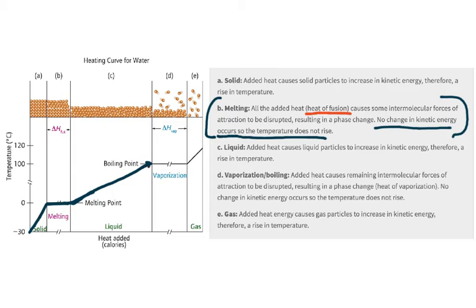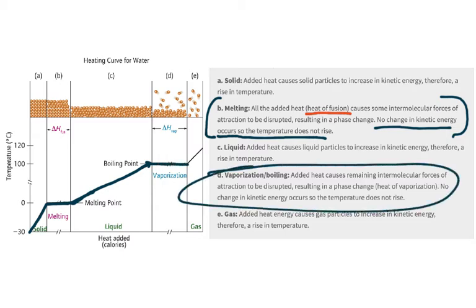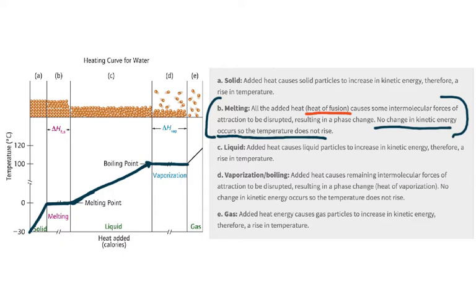Then we have a similar thing happen again. We have a flat spot, and that's the next phase change, right? Flat spots are phase changes. So here, the heat is still being added. It causes the remaining intermolecular forces of attraction to be disrupted, resulting in the phase change from liquid to gas. This is called the heat of vaporization.